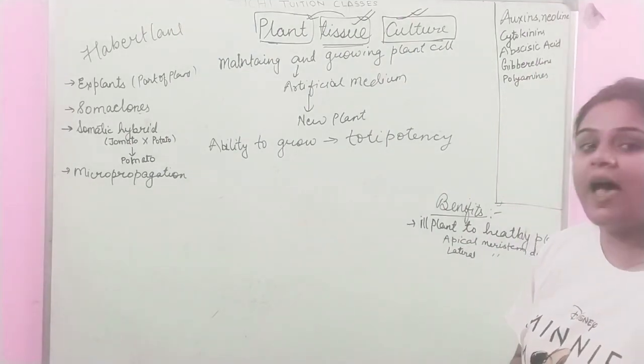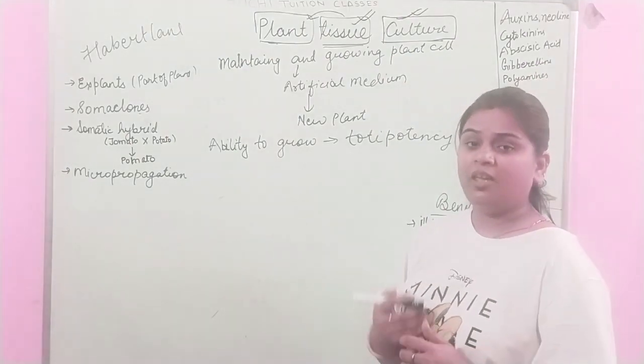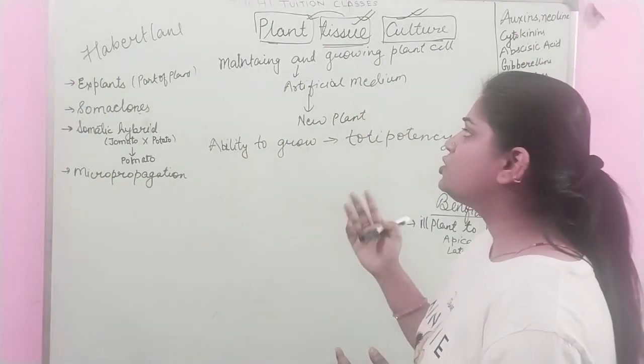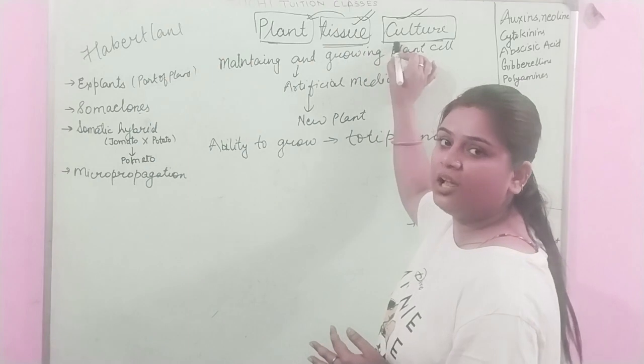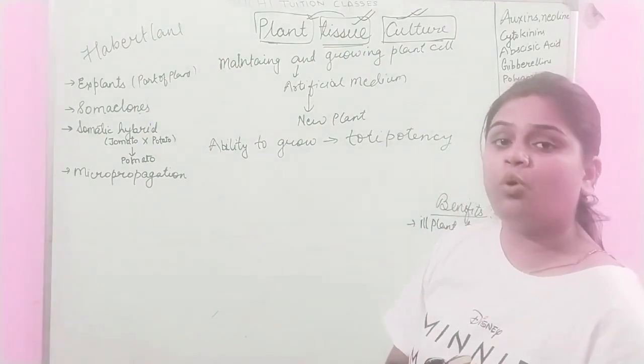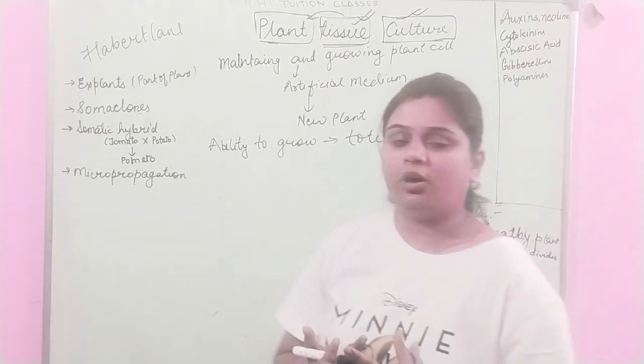The plant tissue must be either parenchyma or collenchyma. So actually, what we do at home is grow plants in the soil by the natural process.